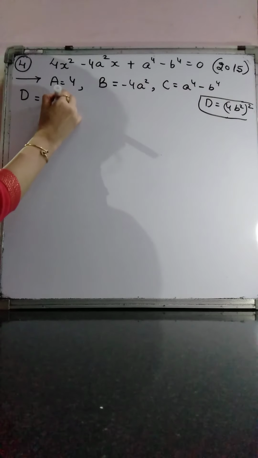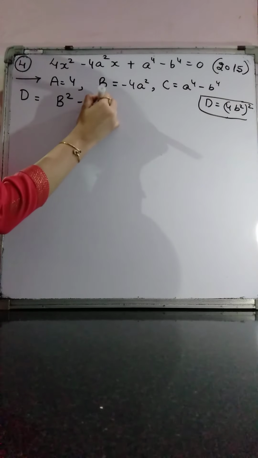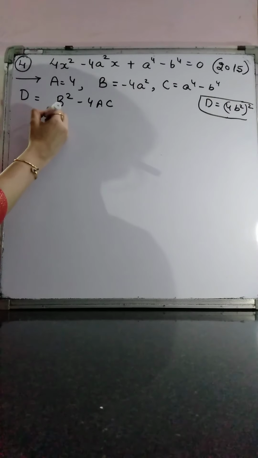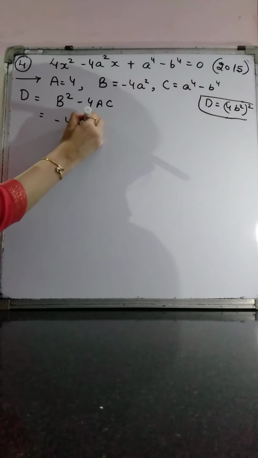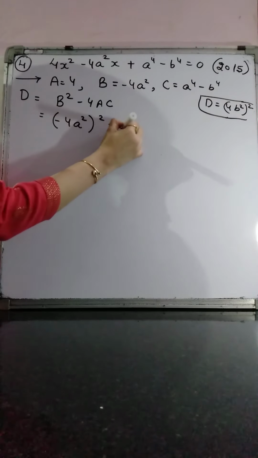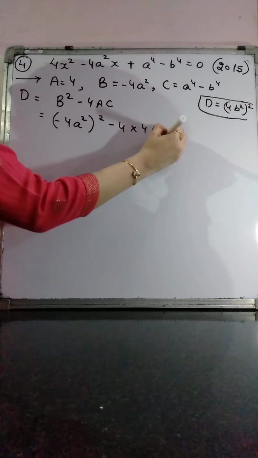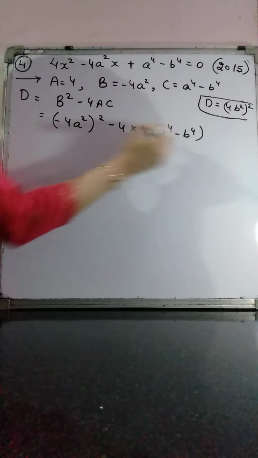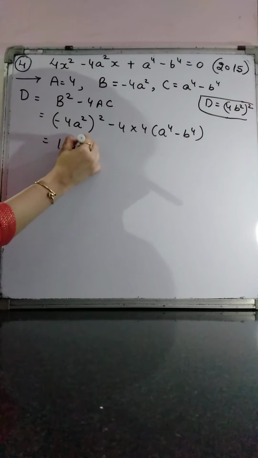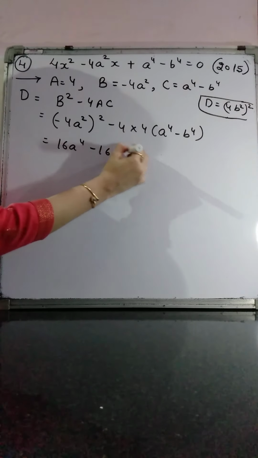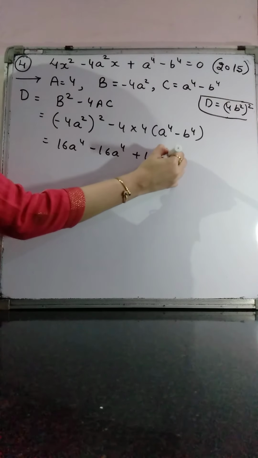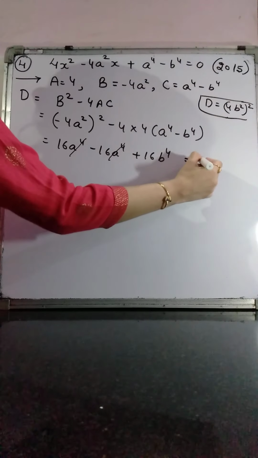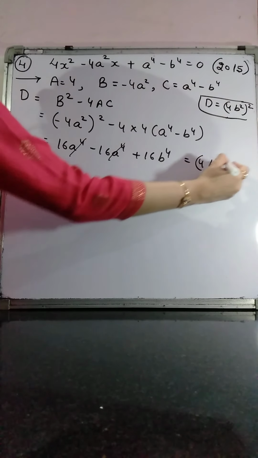D is given by b square minus 4ac. The value of b is minus 4a square whole square, a4, the value of c, a4 minus b4. 16 a4 minus 16 a4 plus 16 b4. Cancel out. 4b square whole square.